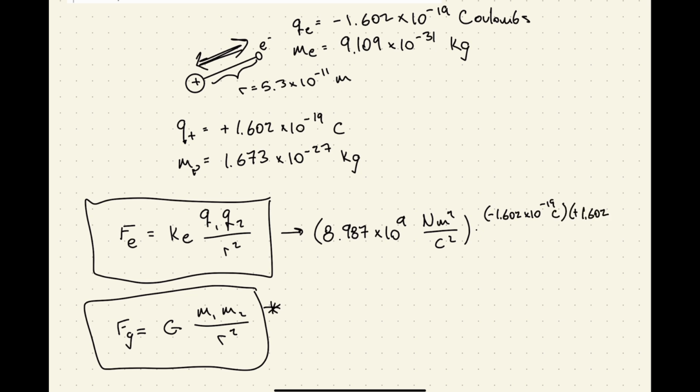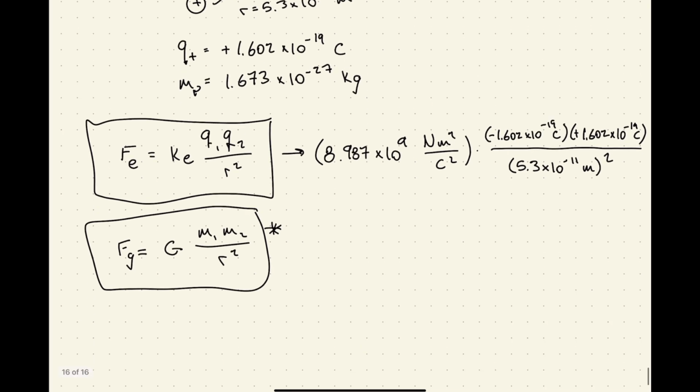Times 1.602 times 10 to the negative 19 coulombs. And the distance we have here is 5.3 times 10 to the negative 11 meters, we square that entire thing. Awesome. Let's plug this into a calculator. I actually don't have a calculator with me, so I'm going to calculate that in a second.